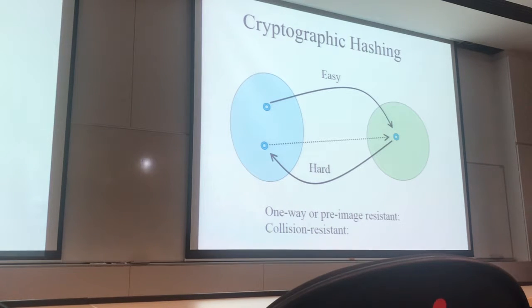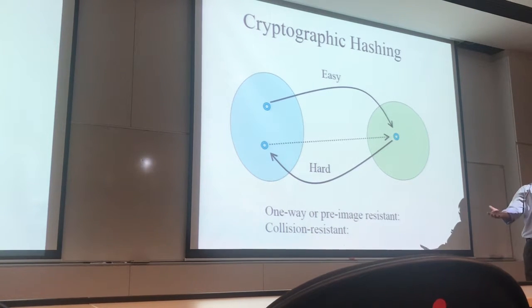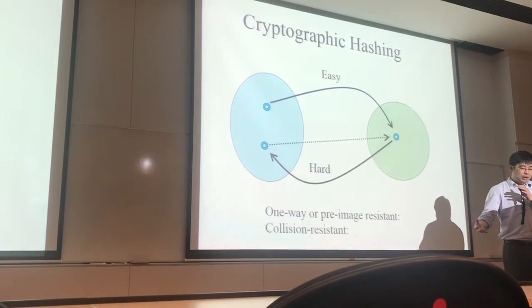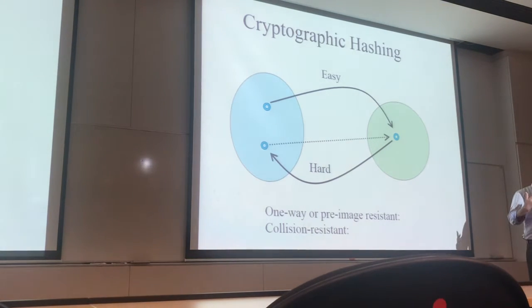So this is better than storing the plain password. Because if you store the plain password and the attacker breaks into the system and obtains the password table, the attacker directly gets the passwords. But if we store the hash of the password, the attacker cannot get the original password because it's difficult to find the preimage, which is the original password.